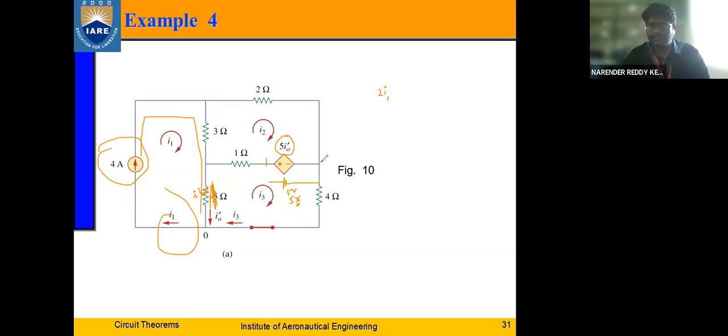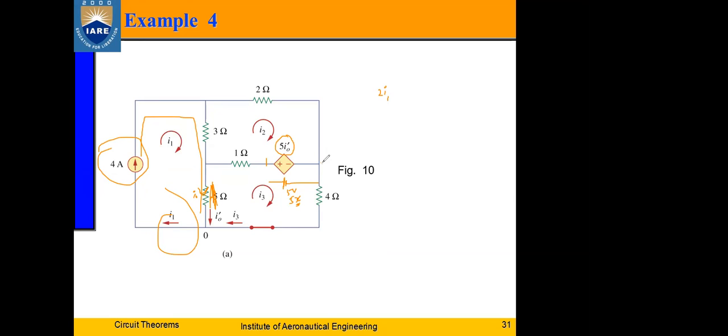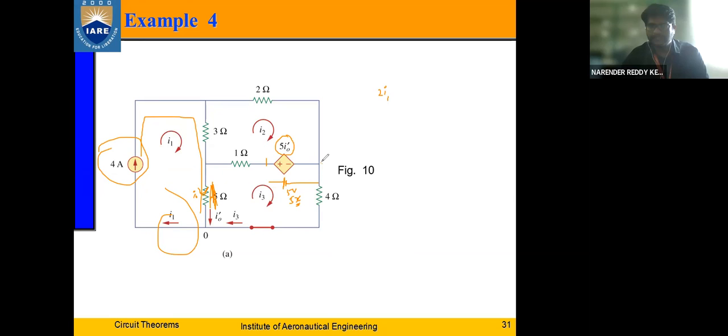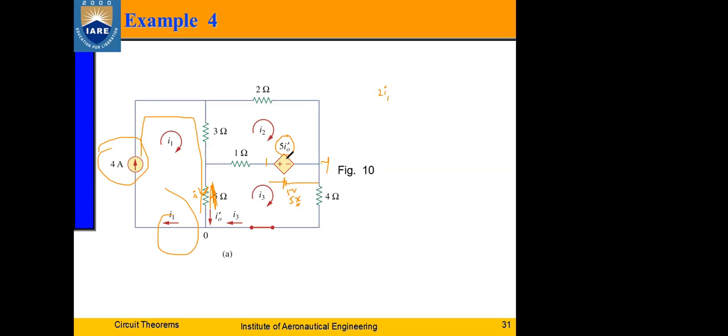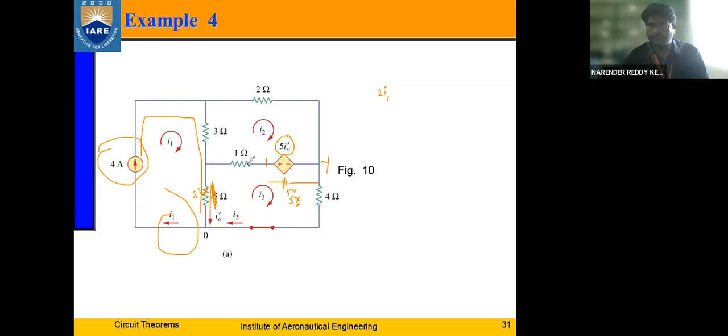If you are considering this as reference, somewhere you have to add a reference, right? Yes, sir. What's your reference node? I wrote it as Y, sir. Here, this as Y, right? Yes, sir. So to the left side, will it be Y plus 5 I naught, sir? Yeah, that will. Whatever the equation you write, you go in this way. This is Z, right? You wrote this as Z, right? Yes, sir.